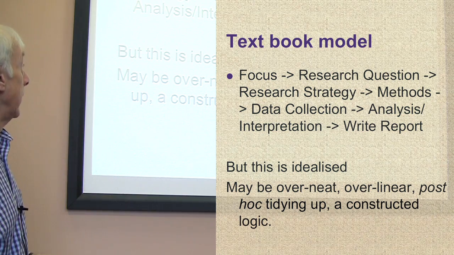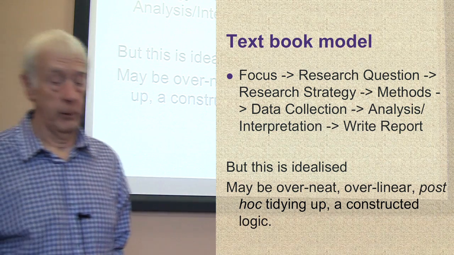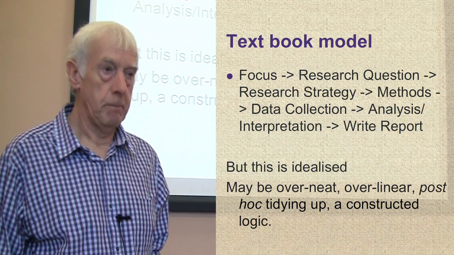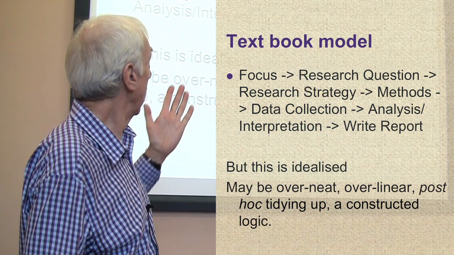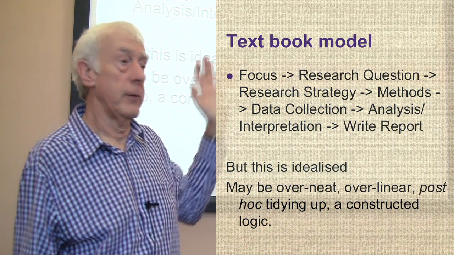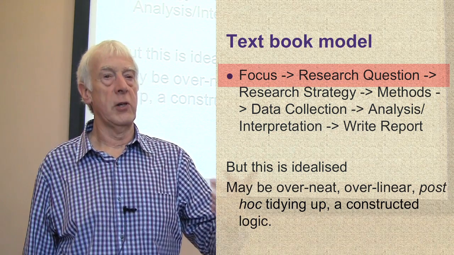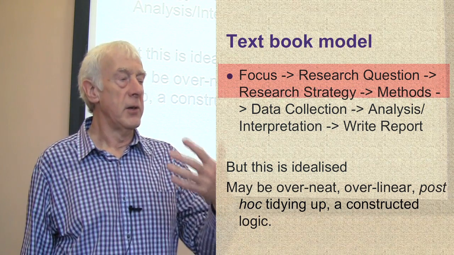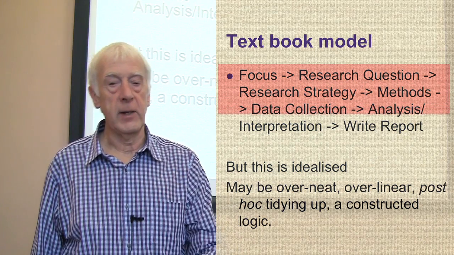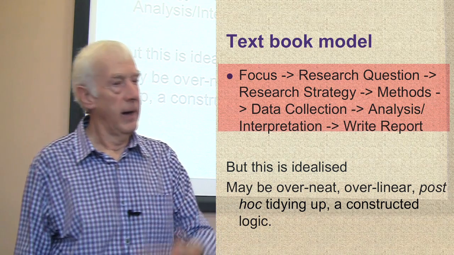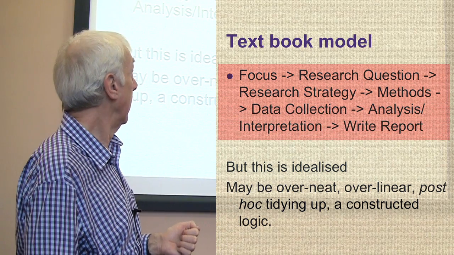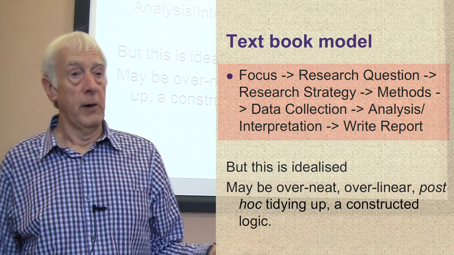So this is an idealized model, is what I'm getting at. It's this idea of the stages which I've given at the top here: starting with a focus and a research question, then you work out how to design your work and collect the data, then you go out finally and collect it, analyze it, write it up and so on. That is very idealized.